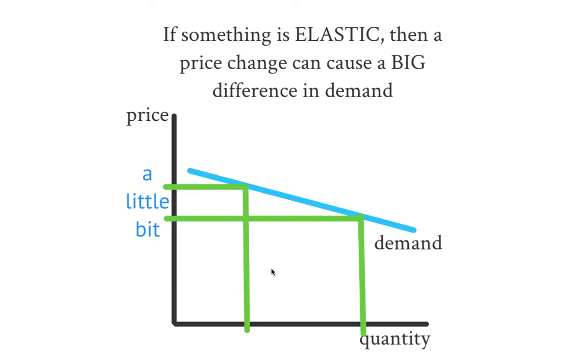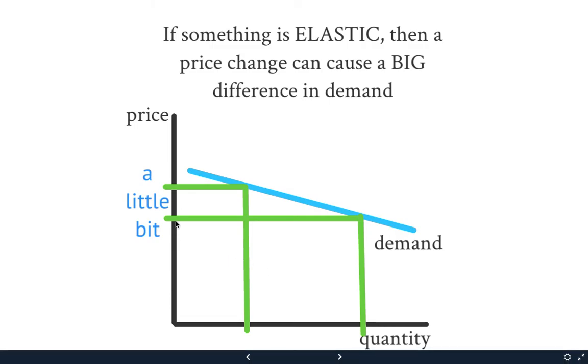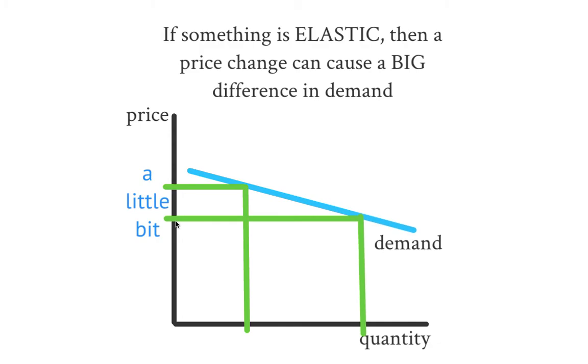But if I asked you how much you would pay for a bag of Skittles, you would probably tell me maybe $1 or 50 cents or something like that. Well, if I asked you to pay $5 for those Skittles, you would probably tell me no. And so you just told me $5 is not very much money, but you also told me you would not pay $5 for Skittles. That is elastic.